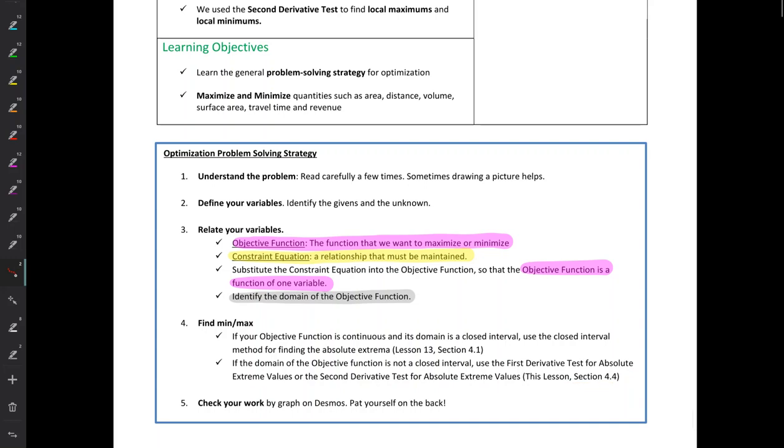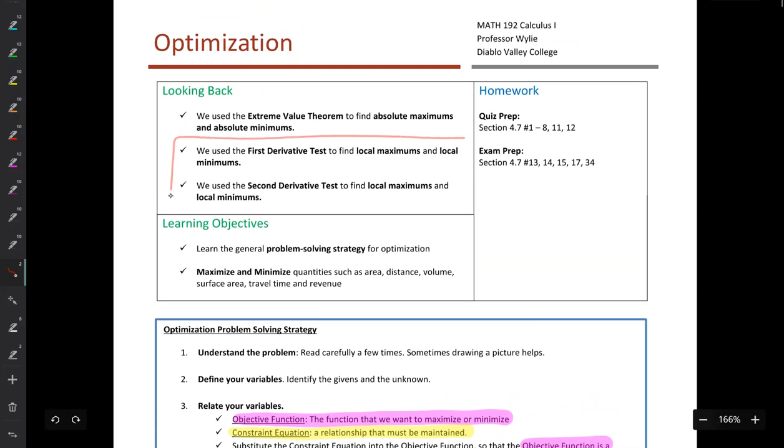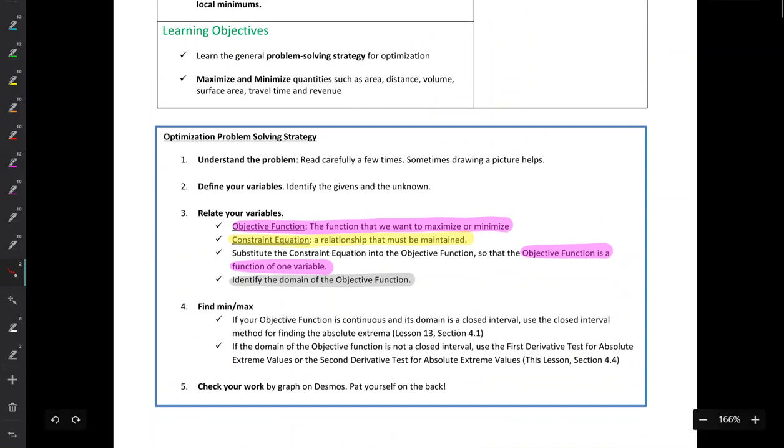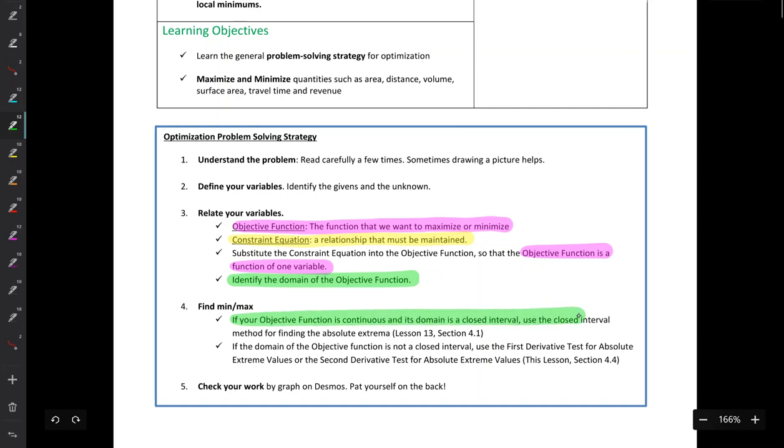They're just little twists on the first derivative tests for local maxes and mins that we've already learned, right? So you've got two options. If you know the domain, you're going to use the closed interval method. If that domain is a closed interval, and the function is continuous, which they're all going to be, then you can use that closed interval method.